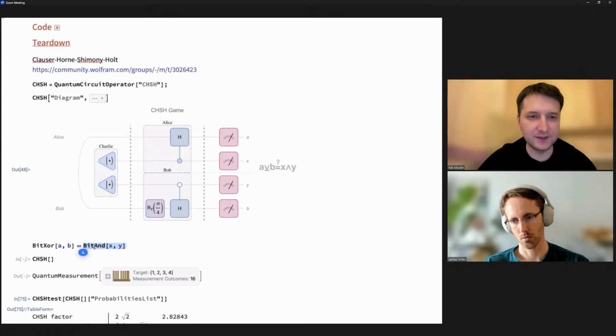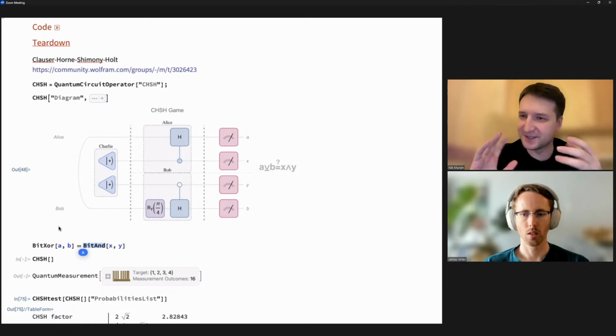The condition for winning at this game for Alice and Bob essentially reads like this: they should output the same answer whenever Charlie's bits contain at least 1 tails or something, or heads, right? So there are 2 coins. If either of them is a 0 or tails or whatever, heads, then Alice and Bob should output the same answer. Otherwise, they should output different answers. That's how you can read it.